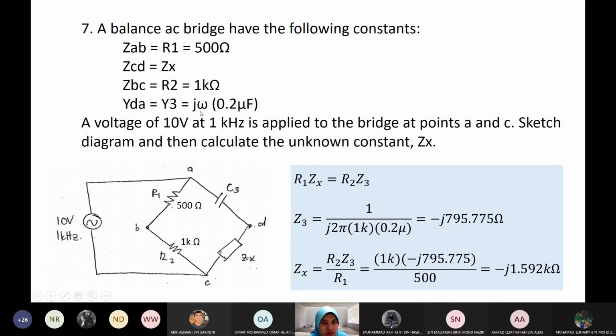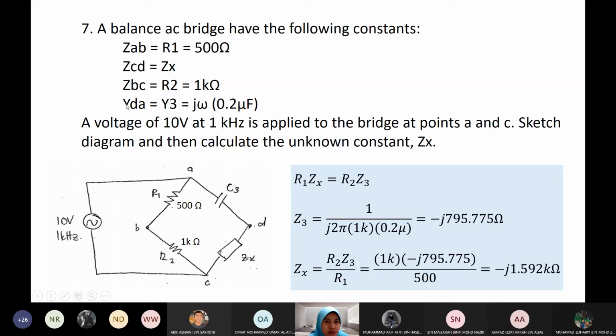So the first step is to sketch the diagram of this bridge. ZAB, you draw A to B, we have R1, put 500. B to C, we have R2, 1 kilo ohm. And then CD is ZX.